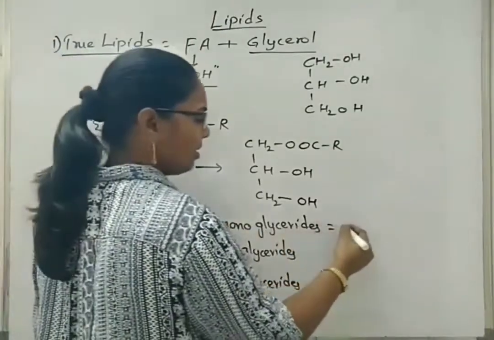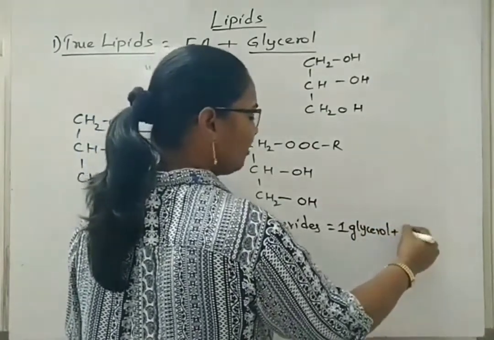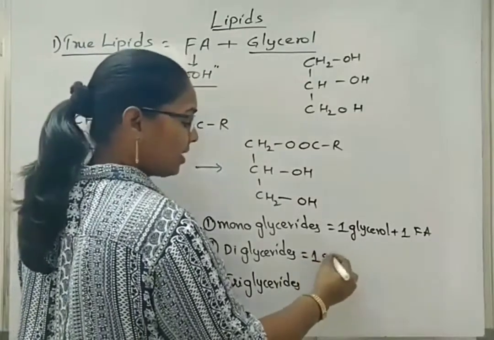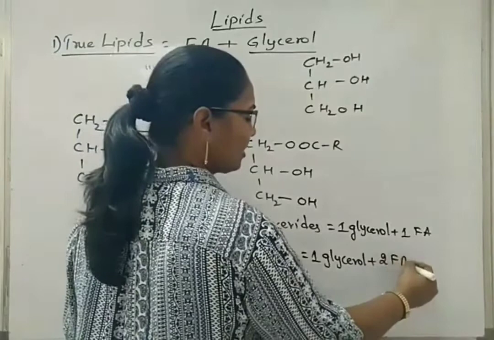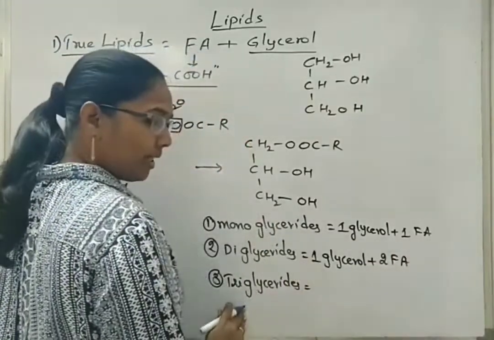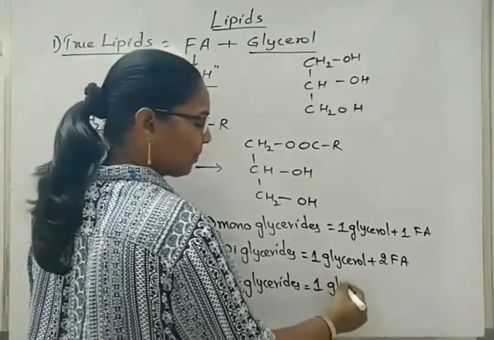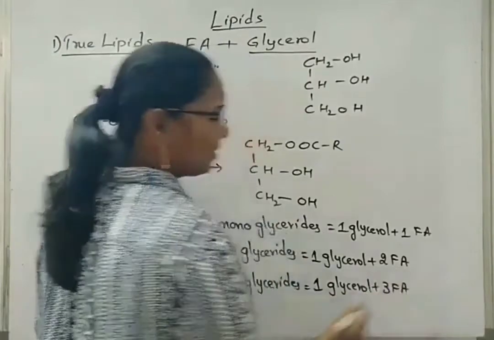In the sense, one glycerol plus one fatty acid is a monoglyceride. Diglyceride is one glycerol only plus two fatty acids. In the third case, triglycerides, the number of glycerols is one only, but the fatty acids are three in number.